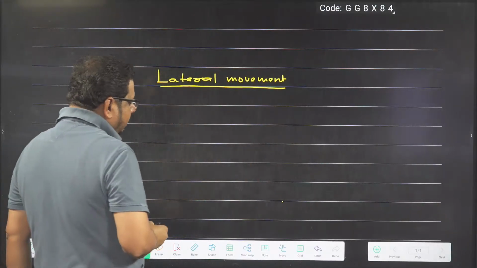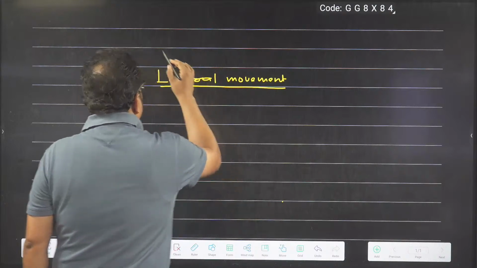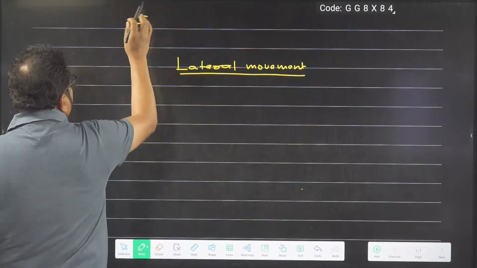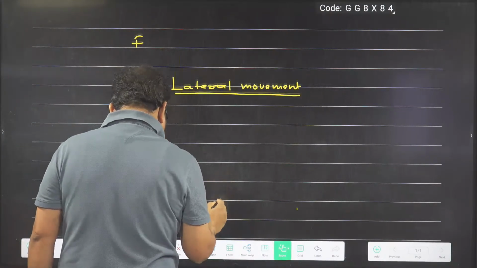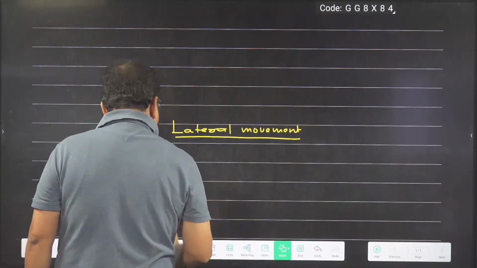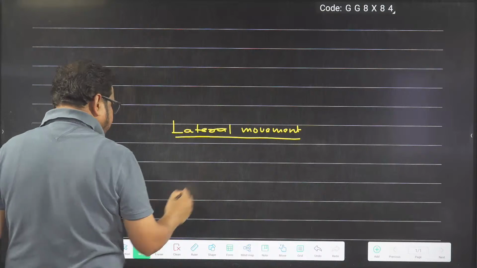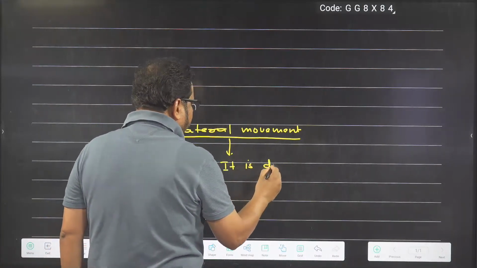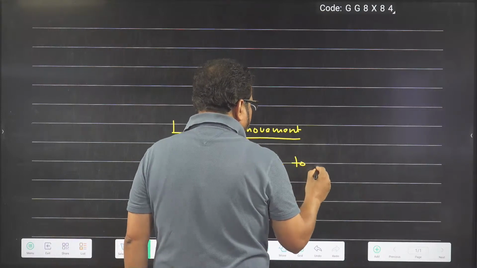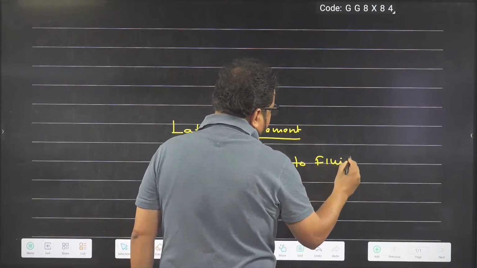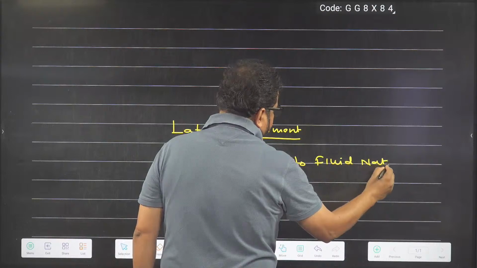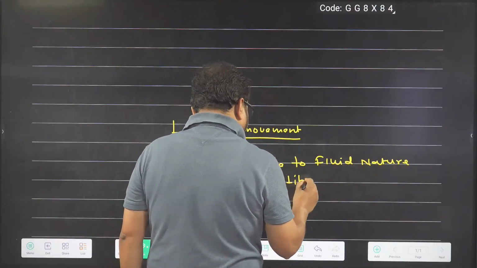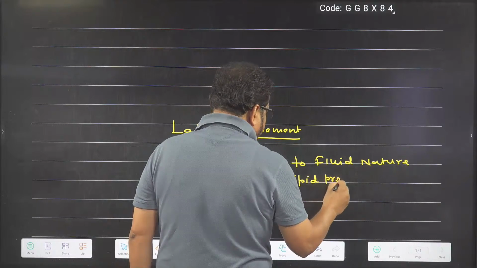See, basically, NCERT wrote a line that lateral movement is due to the fluid nature of the lipid present in the cell membrane.